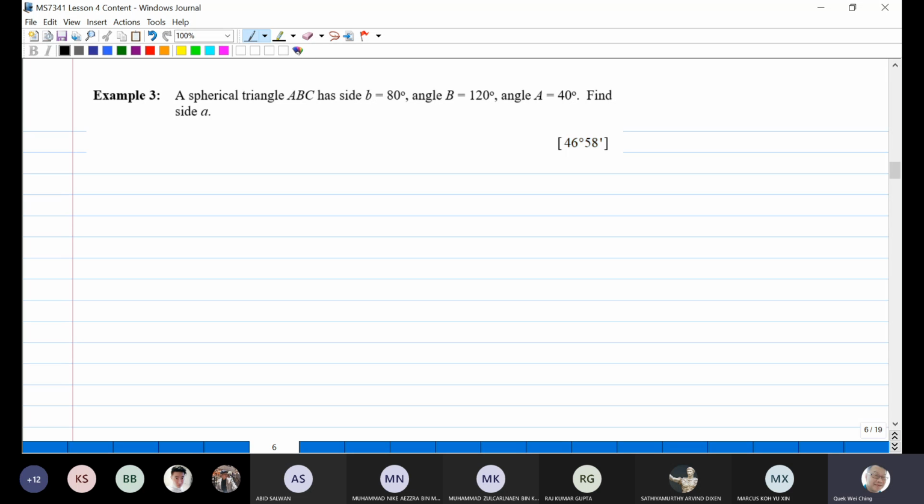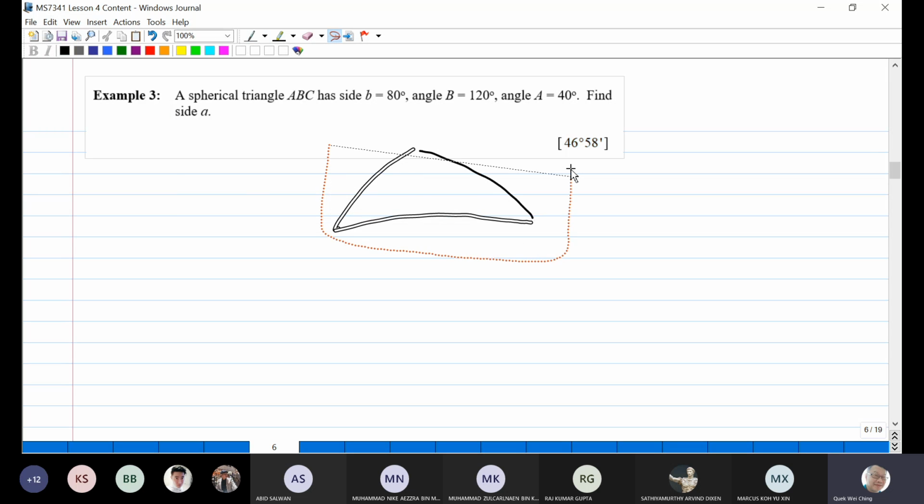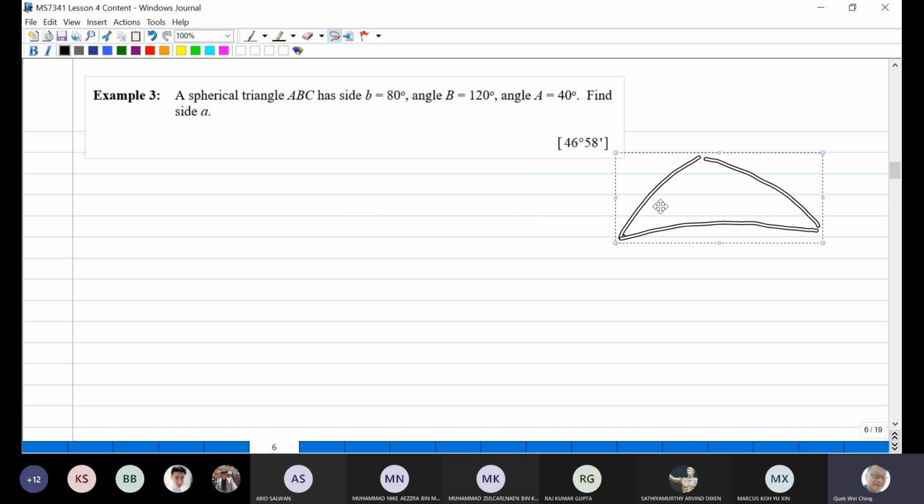Let's draw the triangle first and see what happens. Maybe I draw it in a corner. So this is side a, this is side b, angle B here, this is C. There is no mention of 90 degrees now.